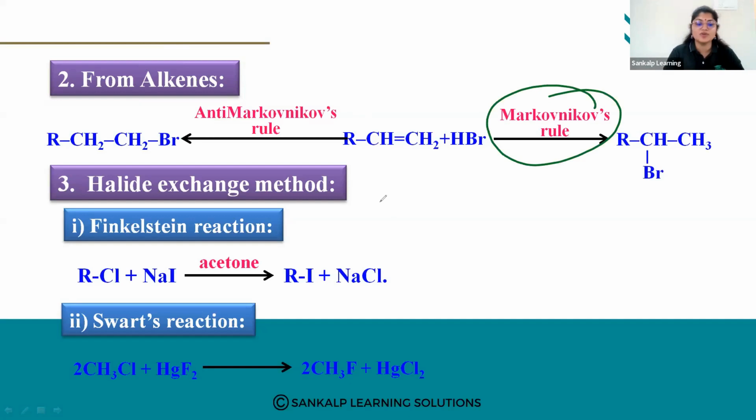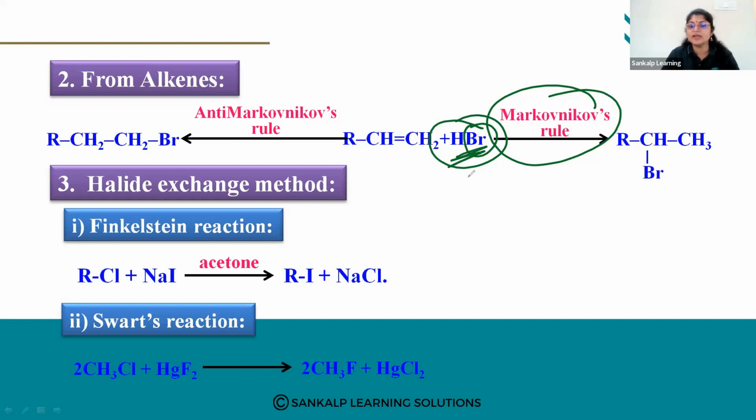Now what is Markovnikov's rule? Markovnikov's rule states that whenever you have an unsymmetrical alkene, in the addition of a hydrogen halide, the addition takes place in such a way that the negative part of the hydrogen halide will be added to the carbon which has a lesser number of hydrogen atoms. So this is Markovnikov's rule. So what is Markovnikov's rule?